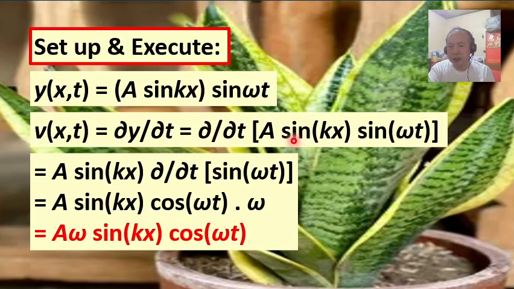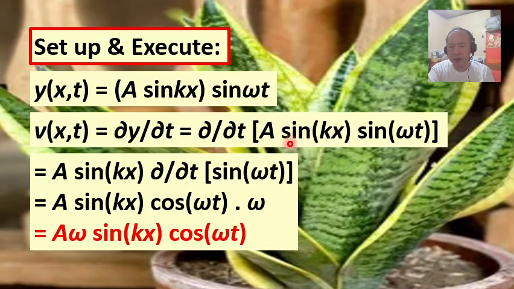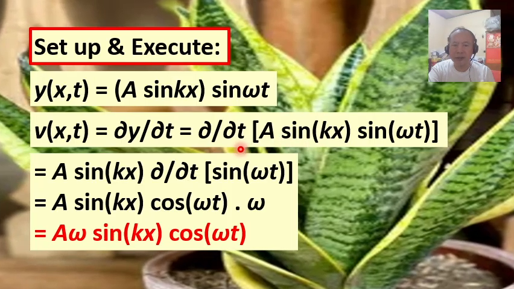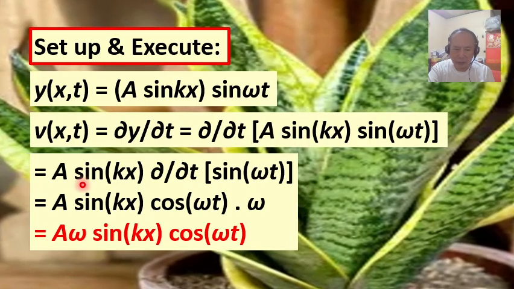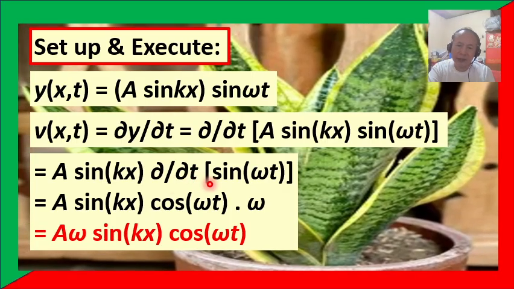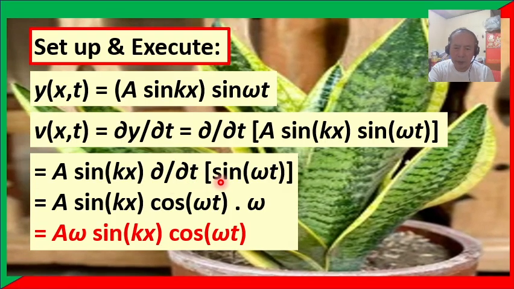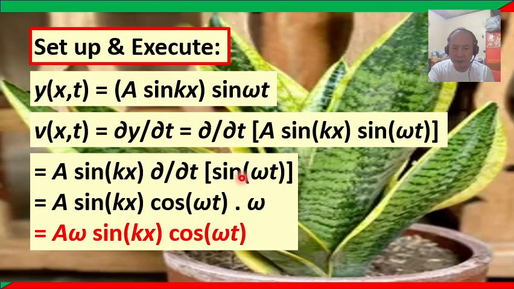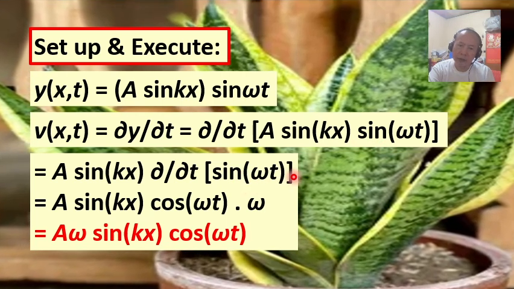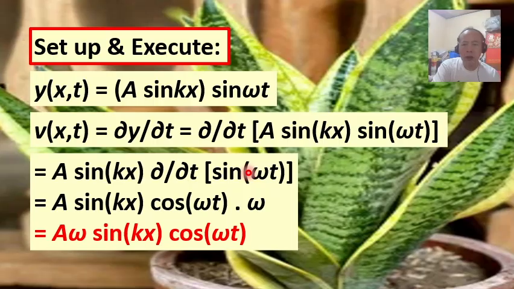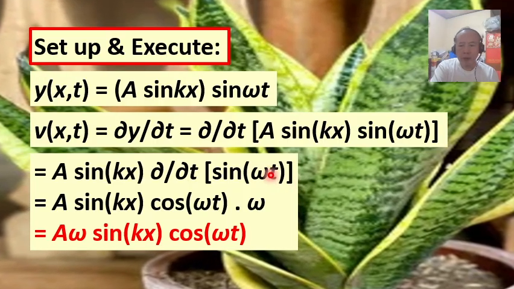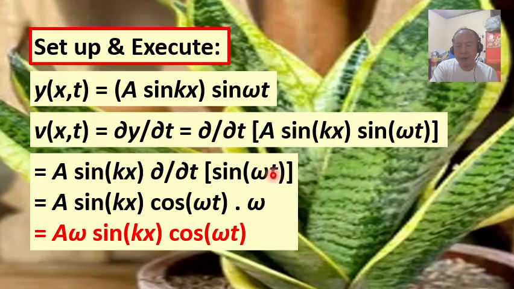The term containing the x variable, A sine kx, is treated as a constant. So we just write it here as is, and then get the partial derivative of sine omega t. In doing so, we apply one rule in partial derivative.